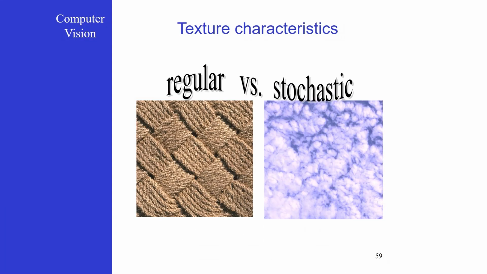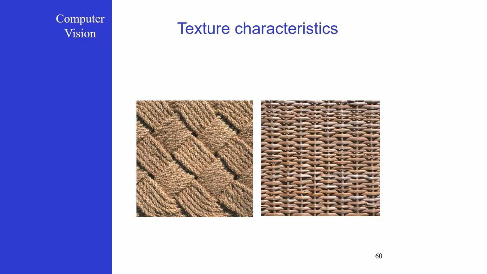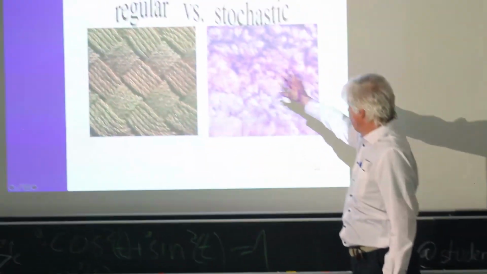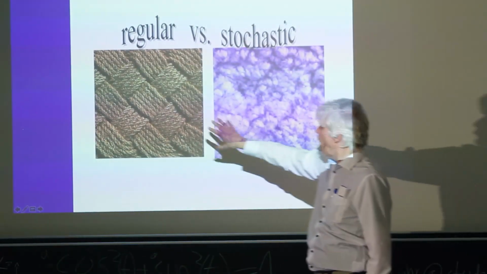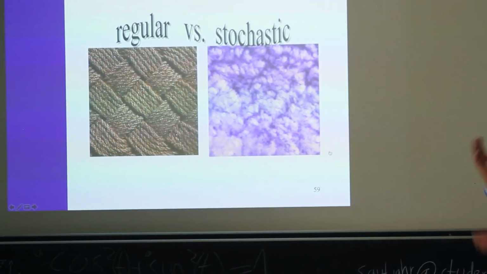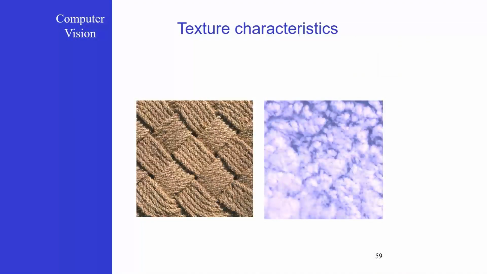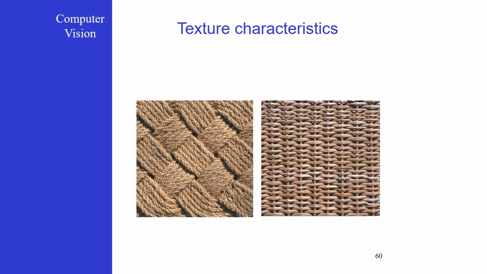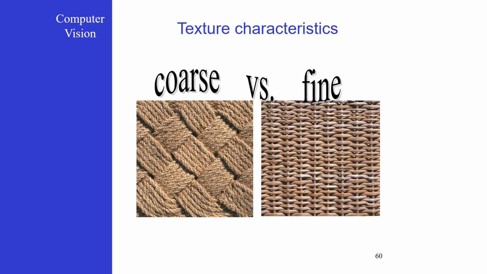Here's another one. The pattern on the left is far more regular than the pattern on the right. This is more like a stochastic pattern, more random. And this is a highly ordered pattern, very regular. So that would also be one of these more intuitive characteristics by which to describe the textures. Or you say the one on the left is pretty coarse and the other one on the right is more fine.